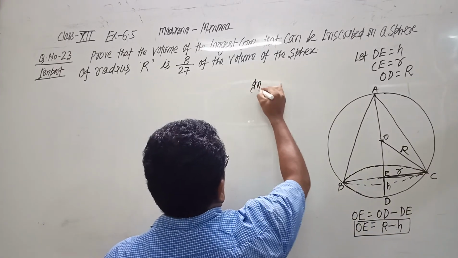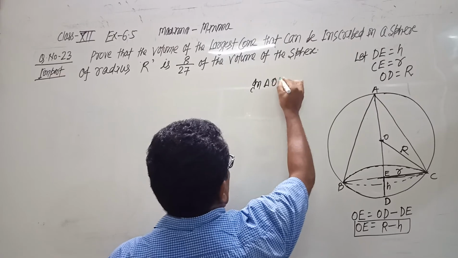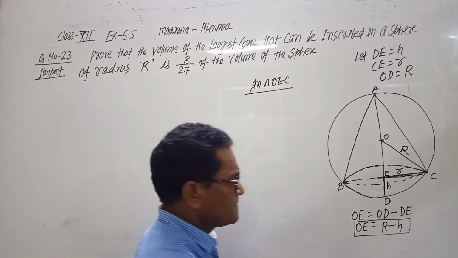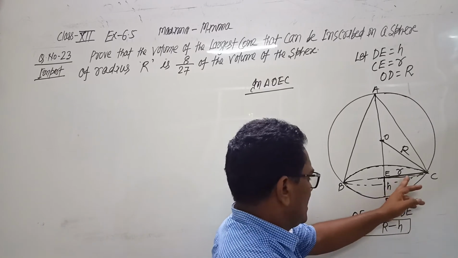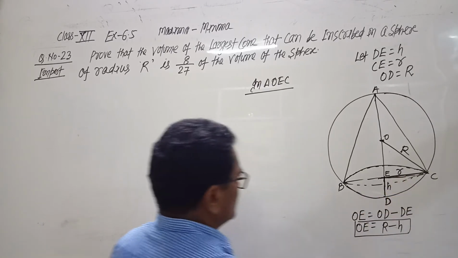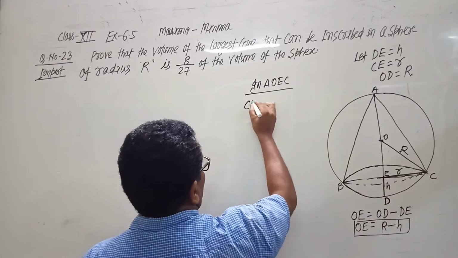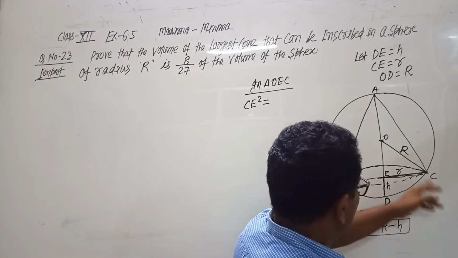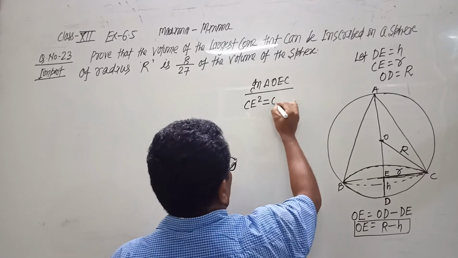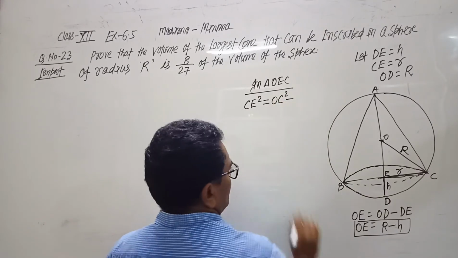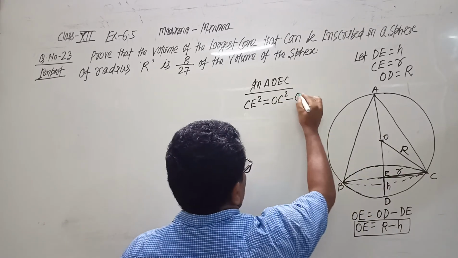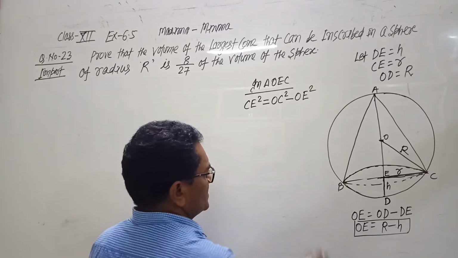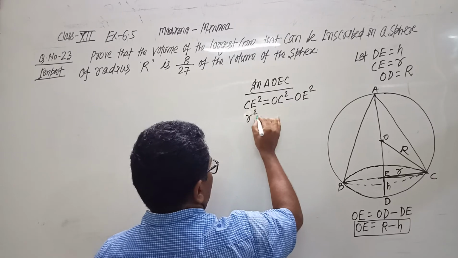So in triangle OEC, CE² equals hypotenuse squared, OC², minus perpendicular squared, OE².